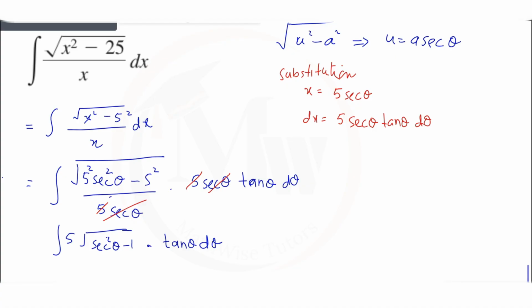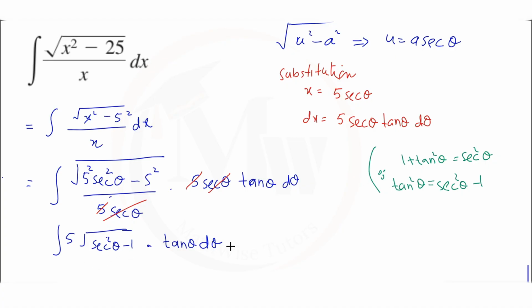Second trigonometric identity in the form of secant and tan: we know that 1 plus tan square theta is equal to secant square theta, right? And from this, if you want to find secant square theta minus 1, take 1 on the other side, it becomes secant square theta minus 1, which is equal to tan square theta, right?